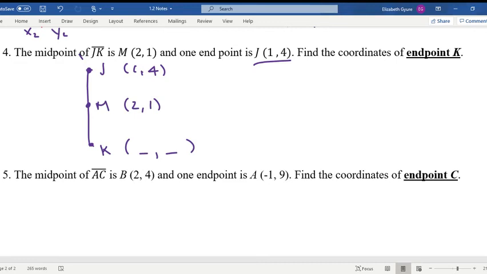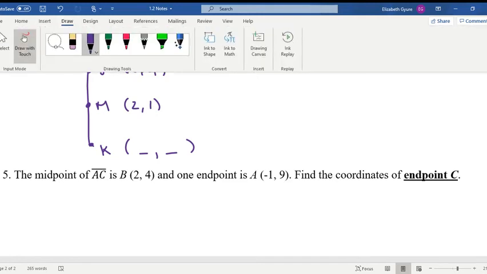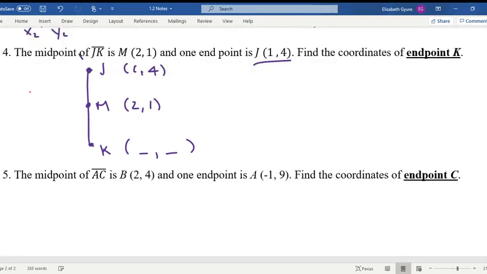Well, we know M has to be right smack dab in the middle. So we're going to actually count this out. If M has to be in the middle, look at just your X values for now. If you have 1 and 2, what number would make 2 in the middle? So how I like to do this is just think adding and subtracting. Look at just your X's first.